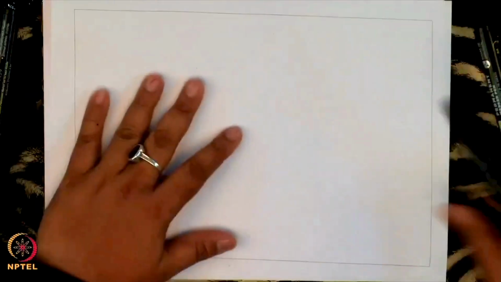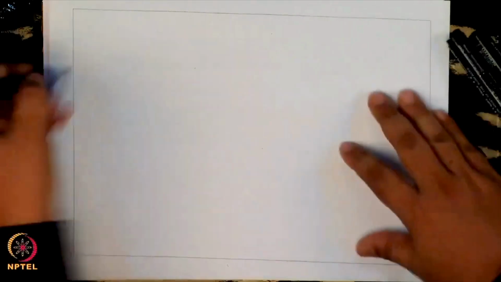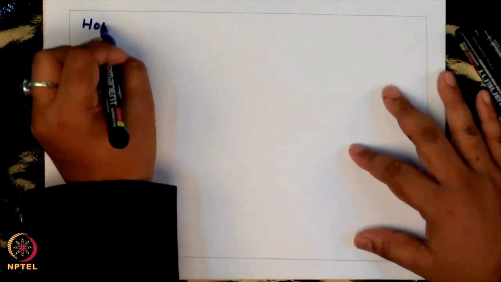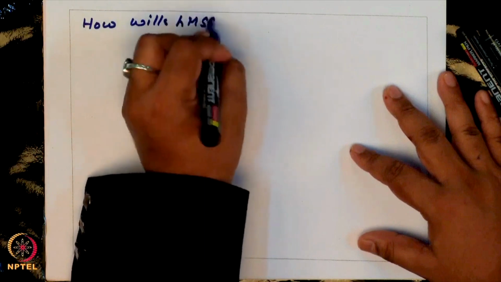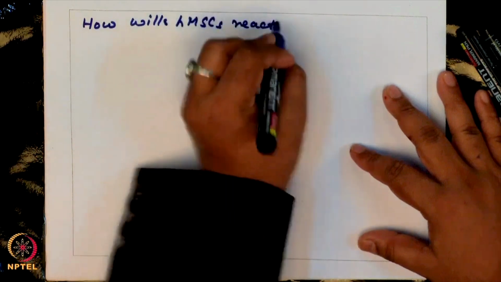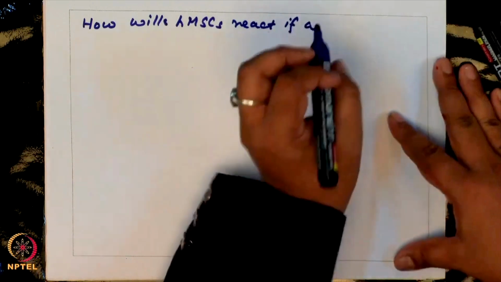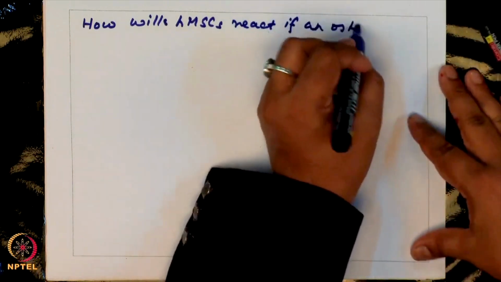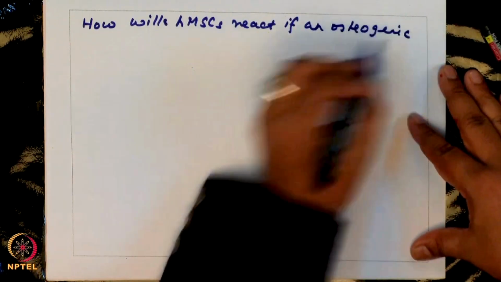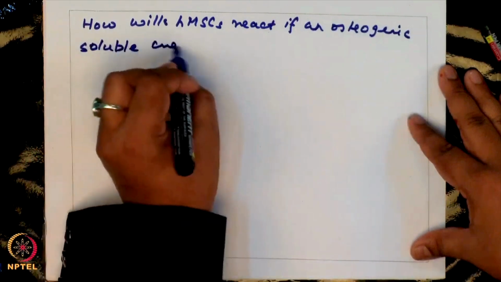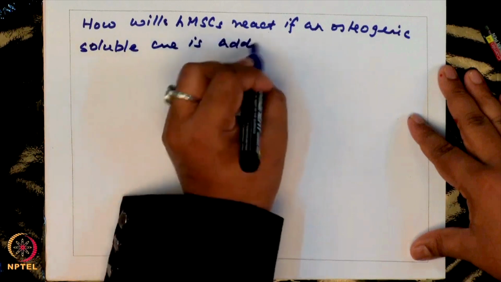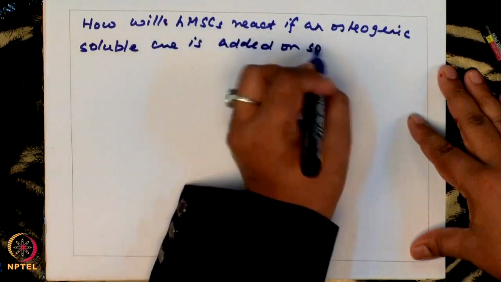What would happen if you have two signals which oppose each other? Okay. What would happen? So, the question is, how will HMSCs react if an osteogenic signal, soluble cue, is added on soft substrates?